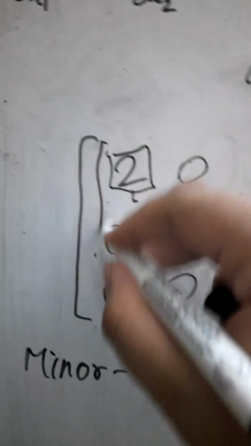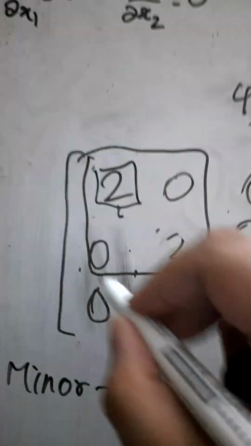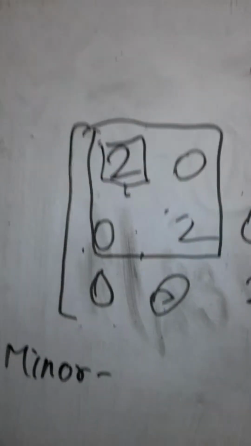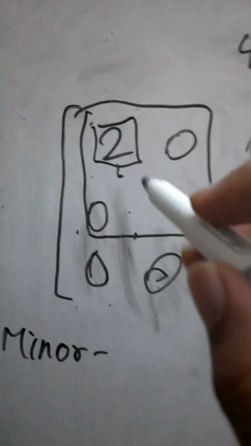So let's take minors. Minors is like we are just making it from a bigger table to smaller tables. First we will take this one element table, then we will make it a two by two table, since we are making a square matrix, we take the square of the number.